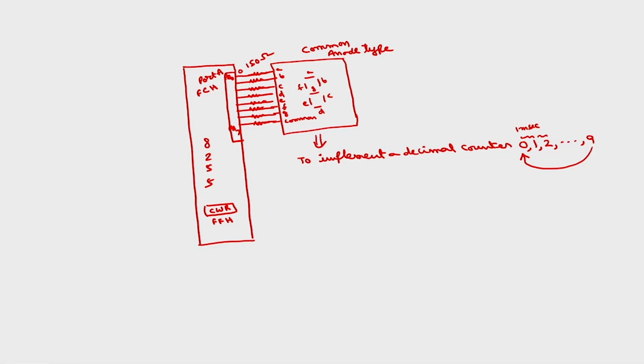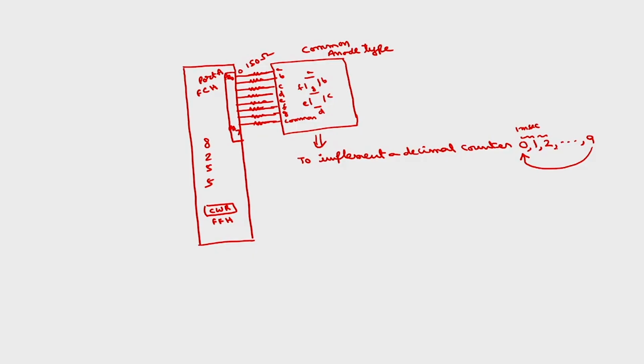So I want to program this as a decimal counter which counts from 0 to 9 repeatedly, which is also called a decade counter.